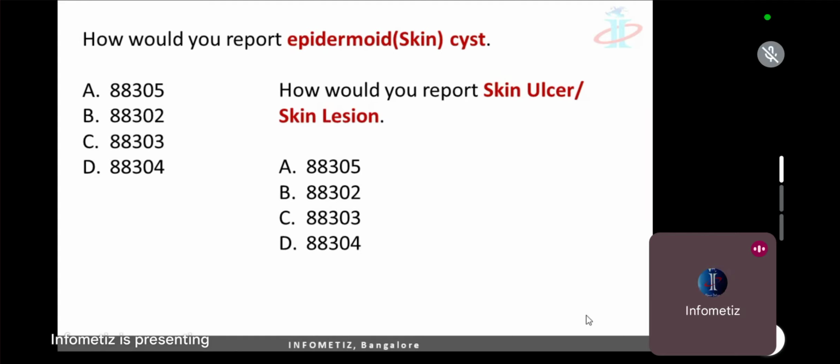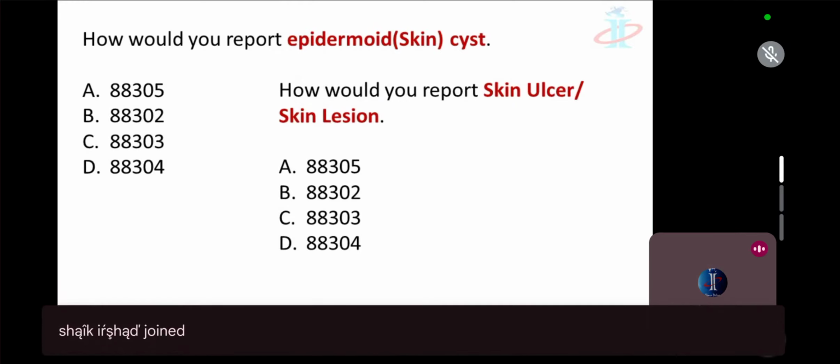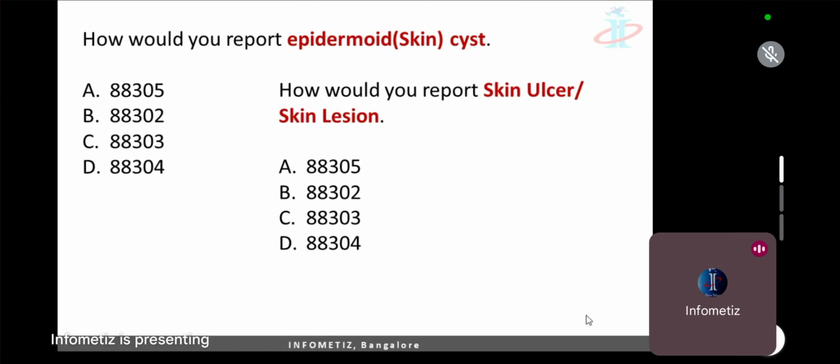Okay, in 304 we have skin cyst, tag or debridement. Correct. First question 304. Everyone got it? It is arranged in alphabetic order: A, B, C, D, E, F, G. You will get skin. In that we have cyst, tags or debridement. Second one, how to report skin ulcer or skin lesion?